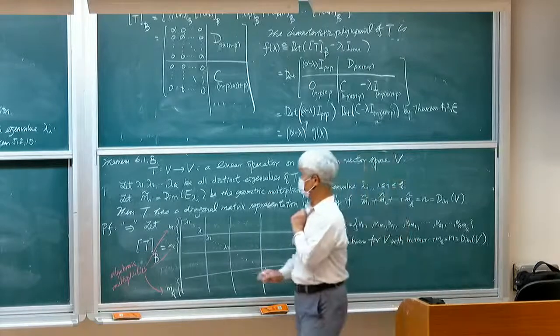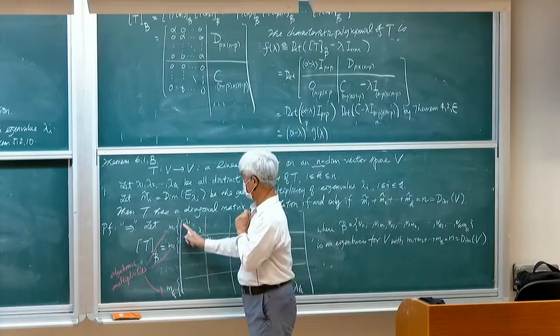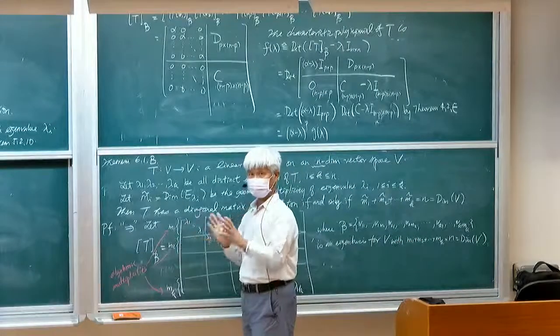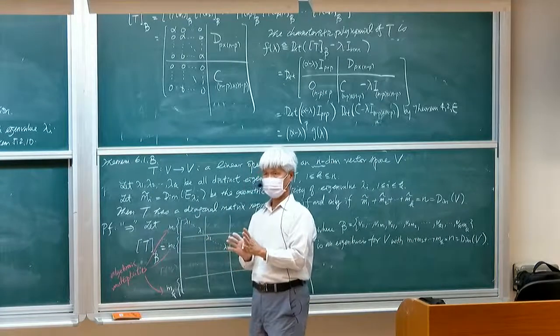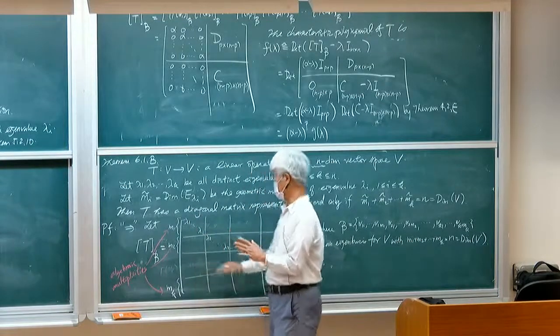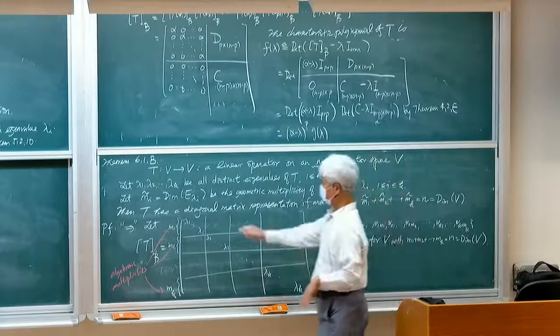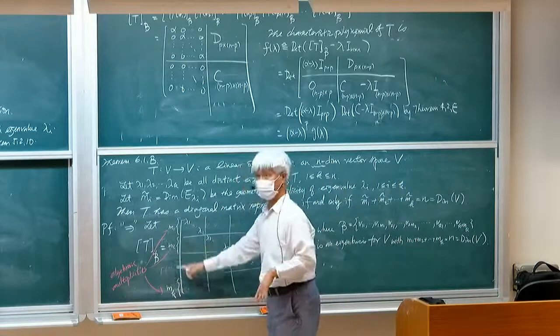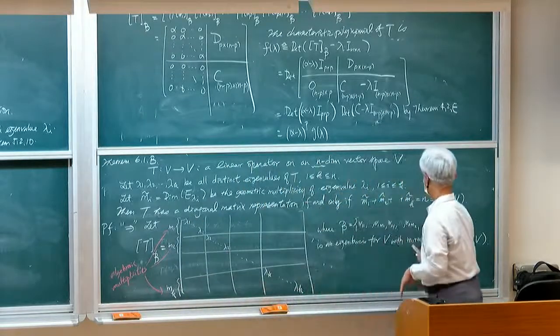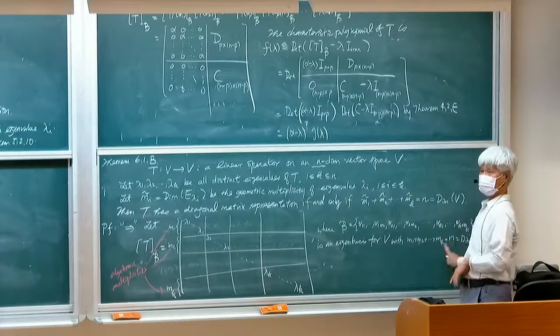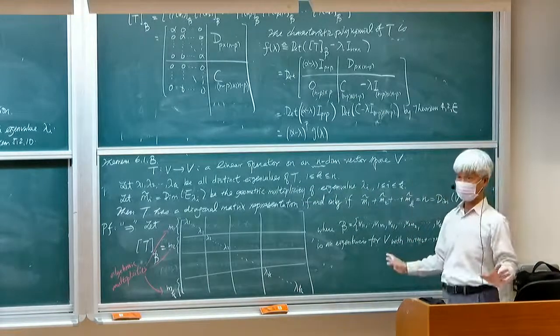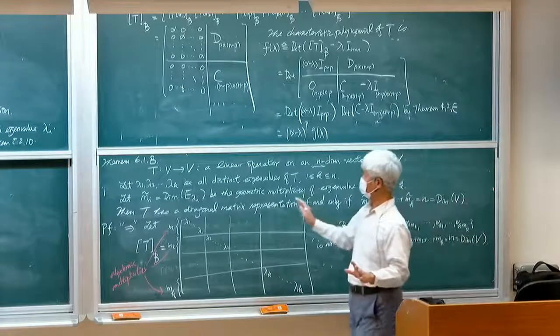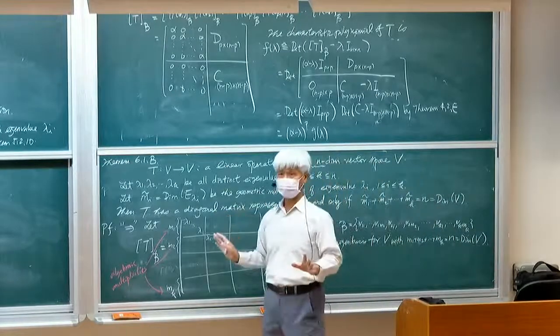The size of each block, this is M1, corresponds to the algebraic multiplicity of the corresponding eigenvalue. Because this is n times n, we know M1 plus M2 plus ... plus Mk is n. This is all the information we can have because of having a diagonal matrix representation.